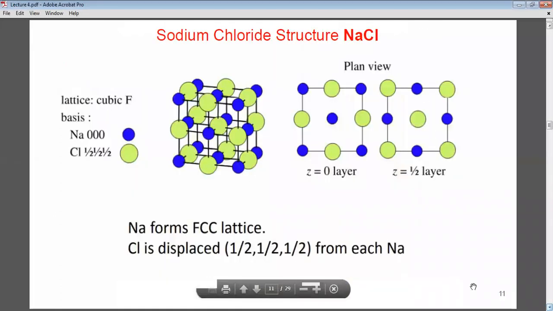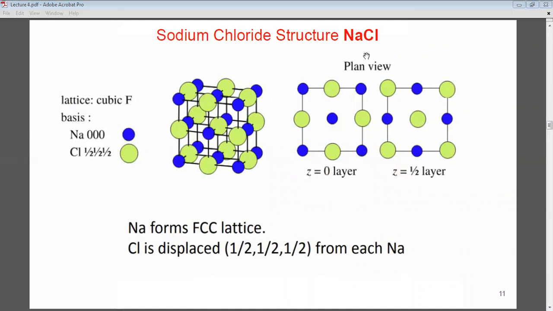Now let's move to a new structure, the sodium chloride structure. This is an example of what we can put together when we have a lattice and a basis. This is a sodium chloride structure, a very typical salt structure. Sodium chloride is very ionic. Sodium gives up the electrons. Chlorine takes the electrons.